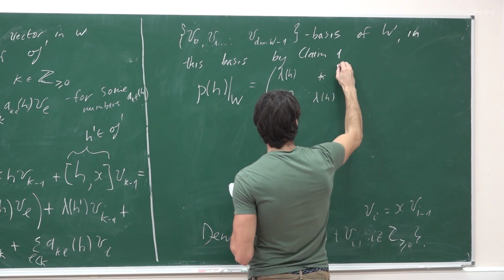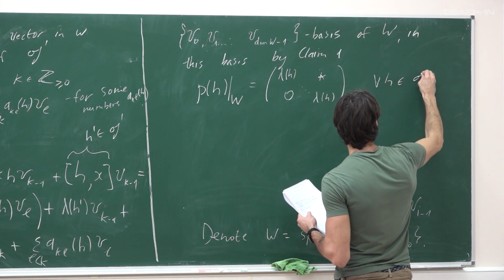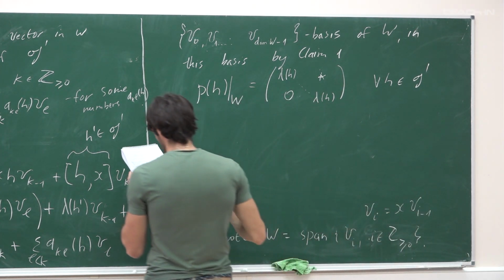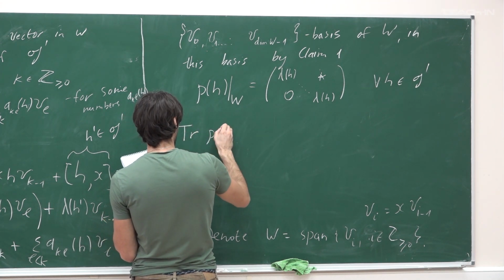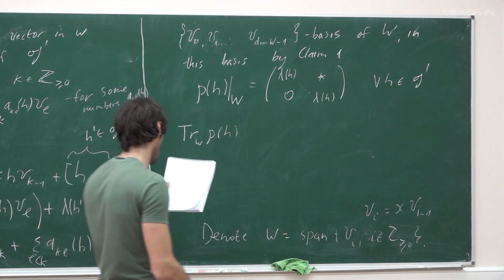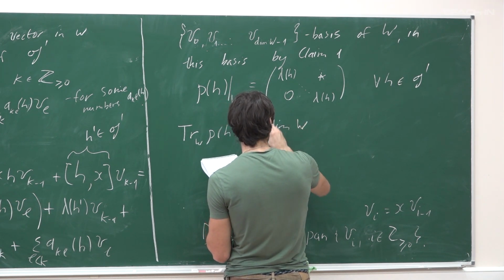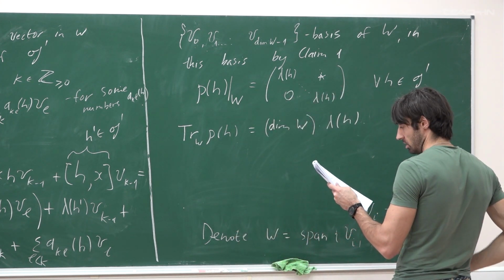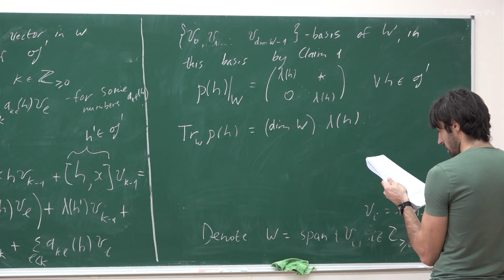Something here, 0 here. This is for any h from G prime. So therefore I can compute the trace of rho of h over the space W. And this will be dimension of W times lambda of h, right? So I just sum up the diagonal entries.